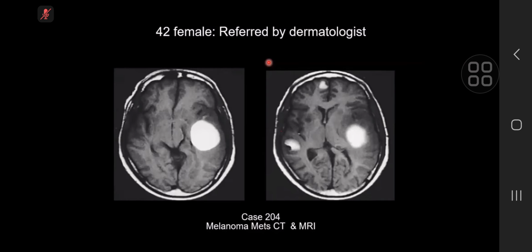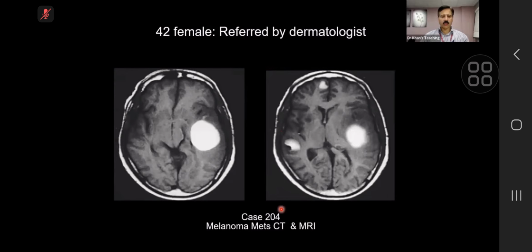Since it's referred by dermatologist, I could consider melanoma metastasis. Okay, so it can be melanomas, one can argue that it might be hemorrhagic metastasis. And melanoma can also cause hemorrhagic metastasis.